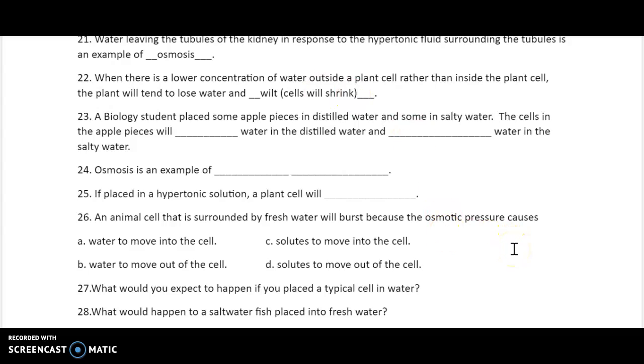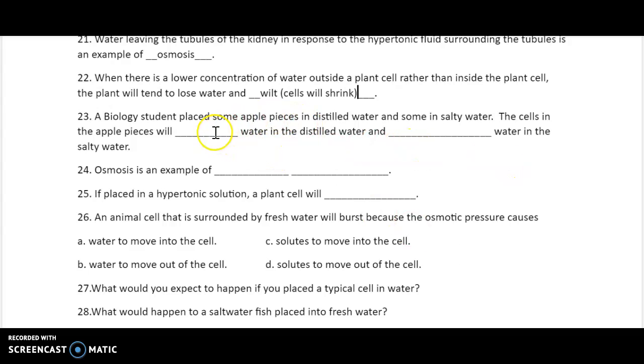Number 23, a biology student placed some apple pieces in distilled water and some in salty water. The cells in the apple pieces will blank in the water, blank water in the distilled water, and blank water in the salty water.